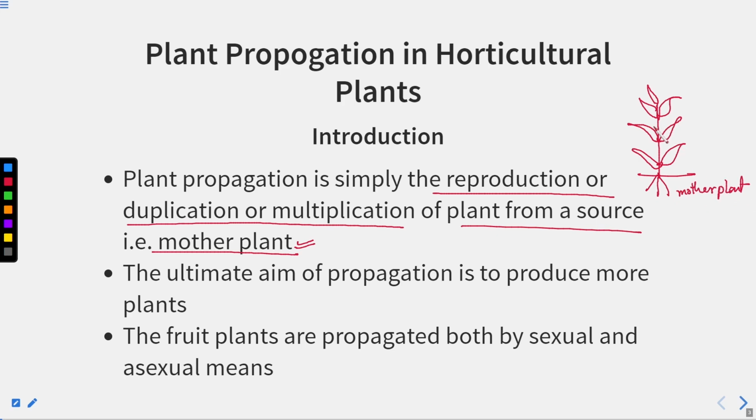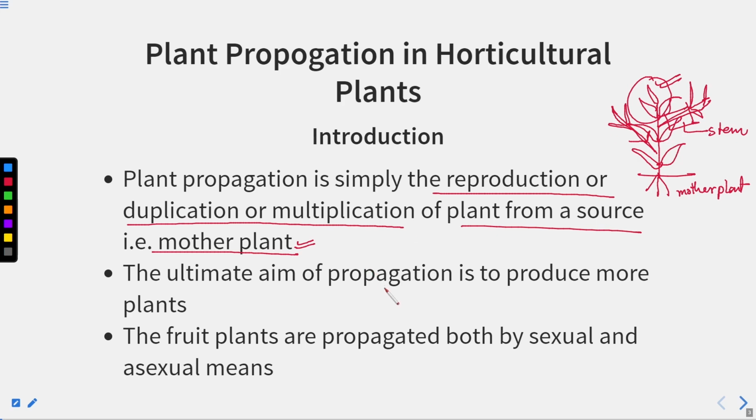Now, a part of this plant, whether it could be a stem, so this is a branching, the branching of the stem. We can take this branch, the stem part. Sometimes we can take the leaf part, right?